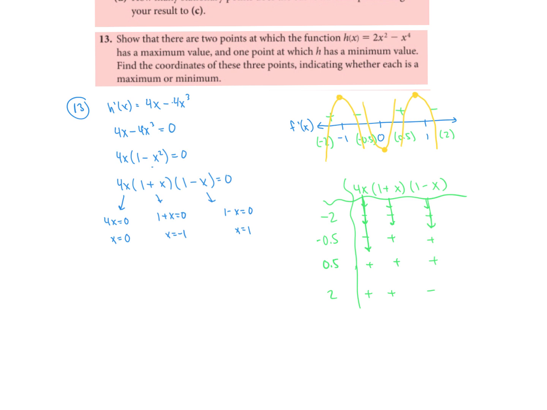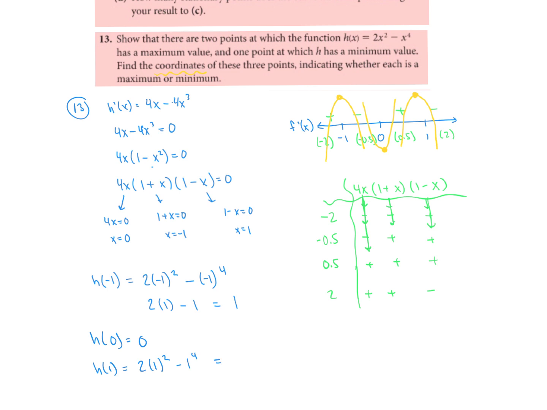Now we need to find the coordinates. So to find the coordinates, we plug in these numbers to the original. So h of negative 1: I'll have 2 times 1 minus 1, that will be 1. h of 0 will give me 0, and h of 1 will give me, I think, the same thing.